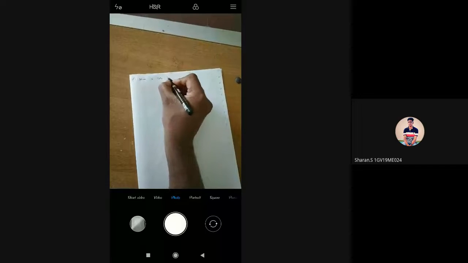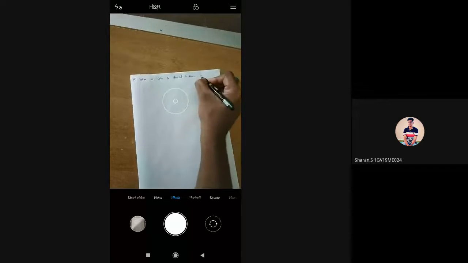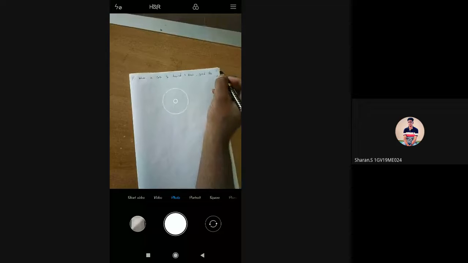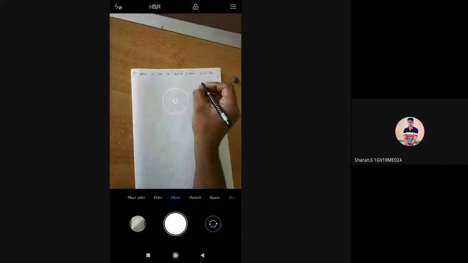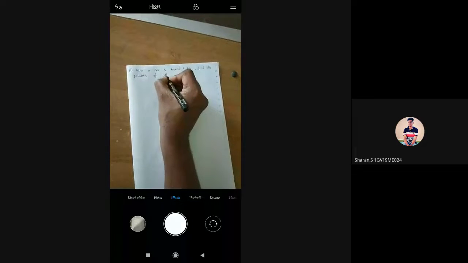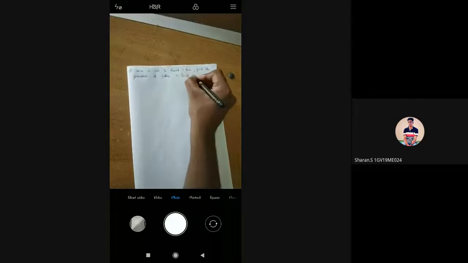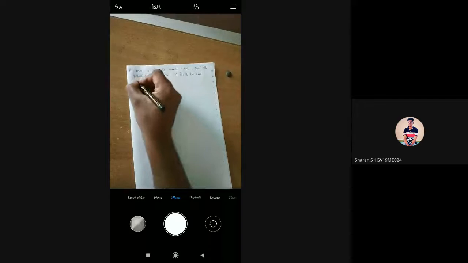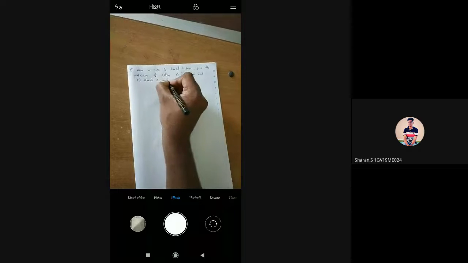So the question is like this. When a coin is tossed 4 times, find the probability of getting exactly 1 head, at most 3 heads, and at least 2 heads.